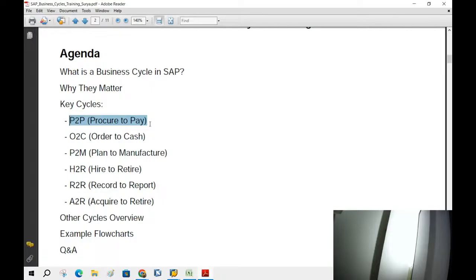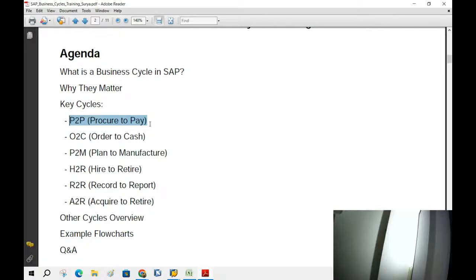Clear? I request all of you to have a pen and paper. Please write down: the first cycle you have to know is procure to pay. You are procuring the raw material and you are paying the vendor. That cycle is called the P2P cycle.